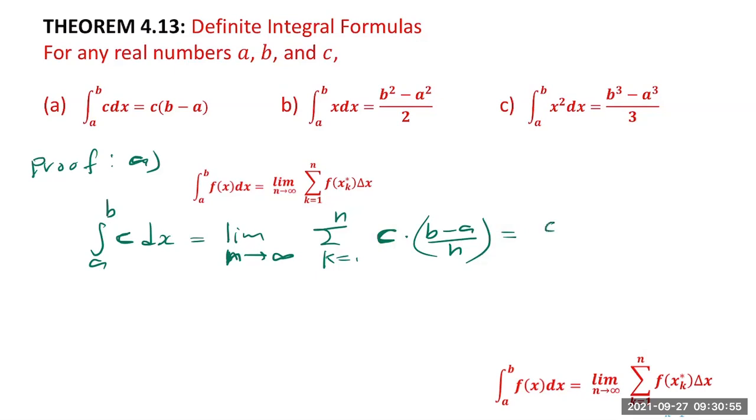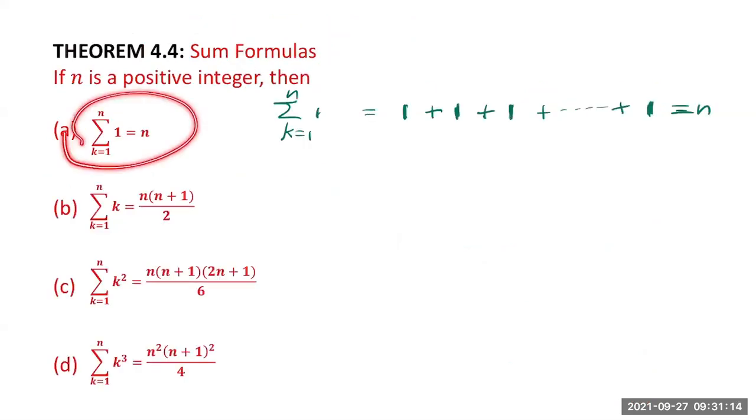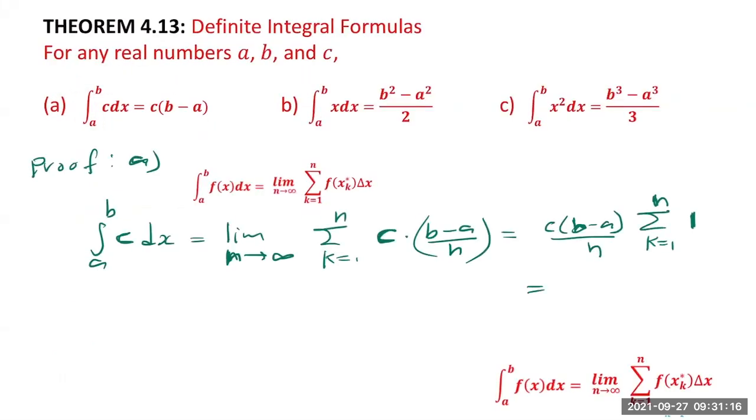You get c times b minus a divided by n, and then you have sigma k goes from 1 to n of just 1. But what is the sum of 1 from k equals 1 to n? It is n, by the summation formulas that we learned. Okay, so I can put n there.